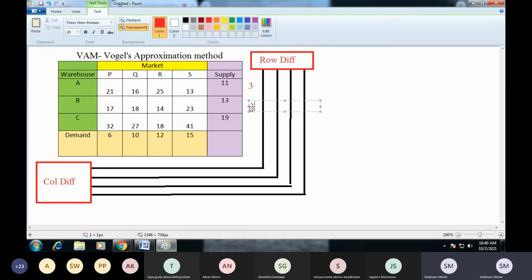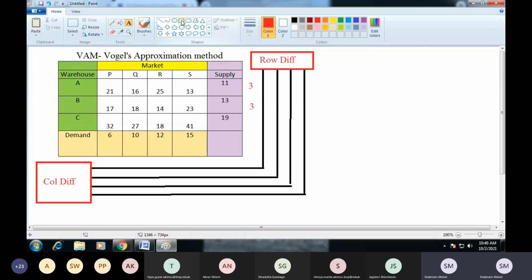Again, check our third row. From the third row, again find the two minimum values. They are 18 and 27. If I find the difference between 27 and 18, then you will get 9, the penalty.